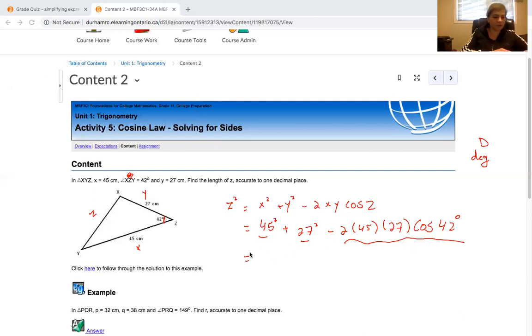Find 45 squared in the calculator and then press equal. That's going to give you 2025, and then plus 27 squared, which is 729. And then you do 2 times 45 times 27 times cosine 42.